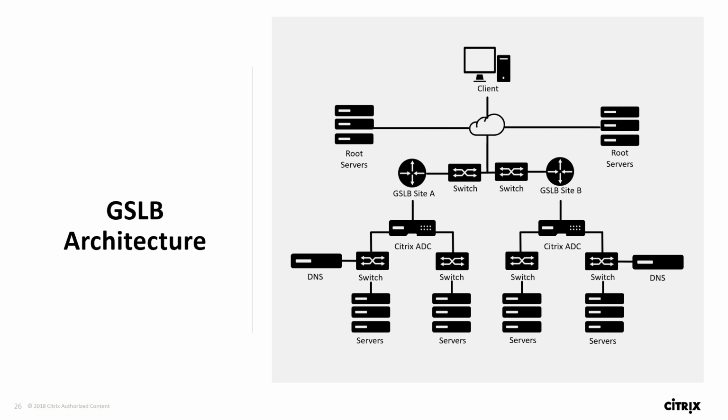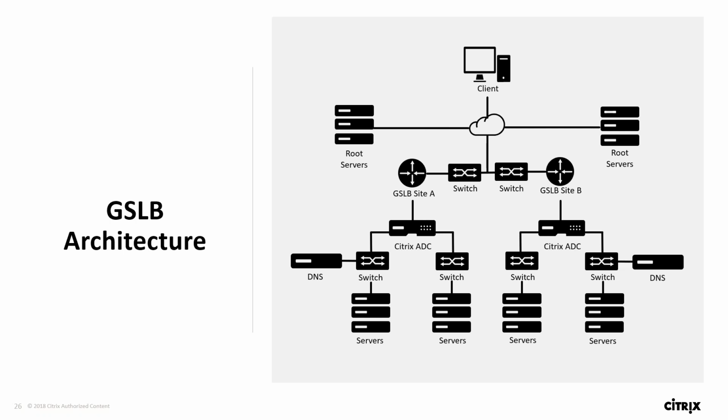The return address will be one of those registered for that site. The top-level servers, or root servers, circle through the list round-robin style and will return the next IP address in line. The client queries the Citrix ADC system in the GSLB configuration at the IP address returned by the top-level root server.